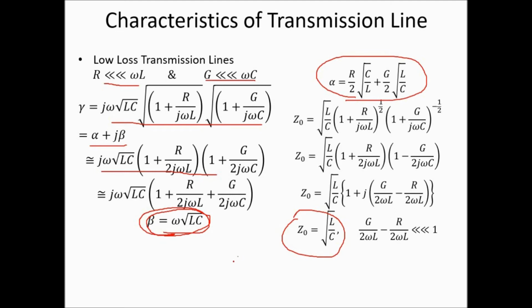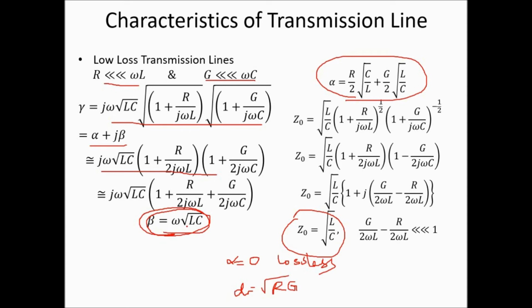So for lossless, we got alpha equal to 0. And we got alpha equal to the square root of r times g for distortionless, and alpha equal to this one for low loss transmission line.